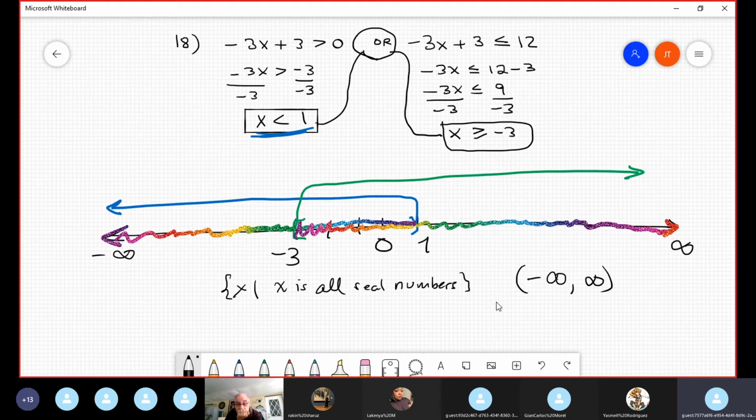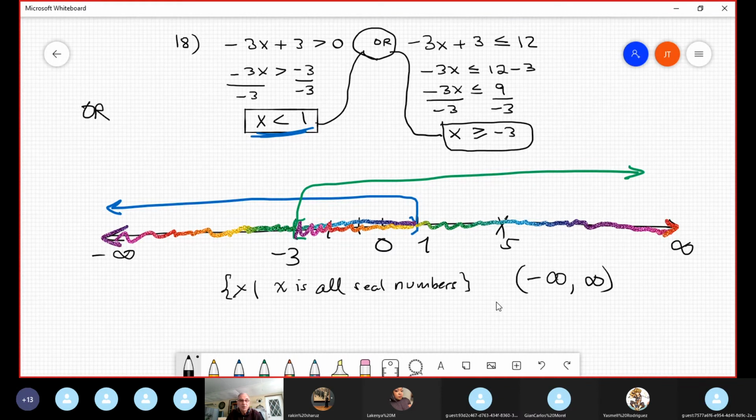Oh, that means it's everything. So that is why x is all real numbers. Yes, it's a solution. So this compound inequality is satisfied by all real numbers. Any number you pick, 5, you plug it into both inequalities, at least one passes. It doesn't matter. This is the idea for the or.